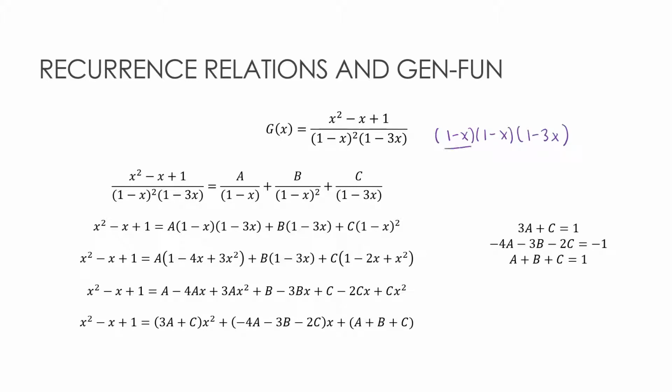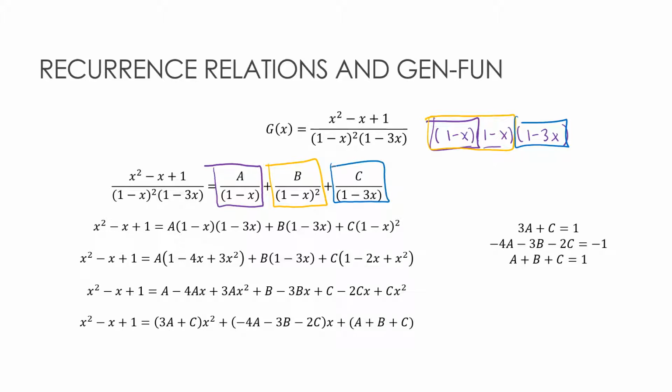Because I've got a duplicate here, when I write the right side as the partial fractions, I have a over 1 minus x. Then I have b over 1 minus x squared, again because it's a duplicate, and then I've got c over 1 minus 3x. I'm setting that equal to that original function.